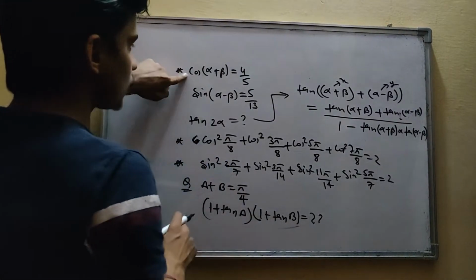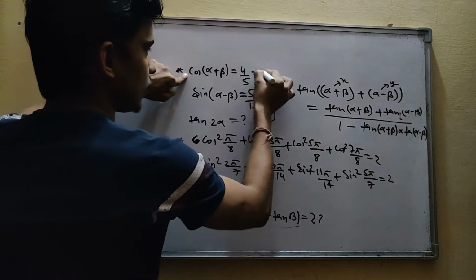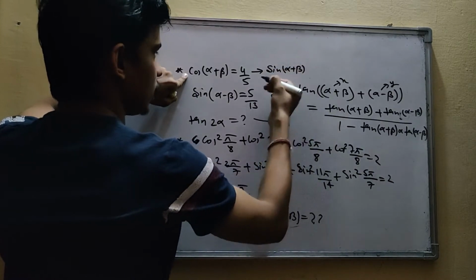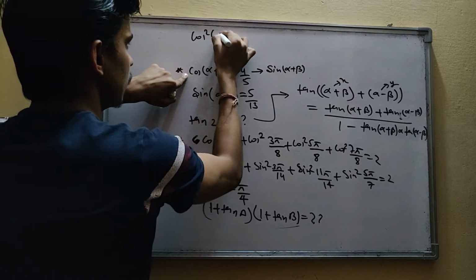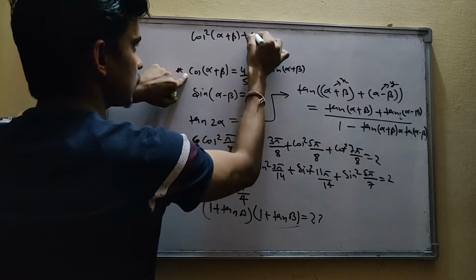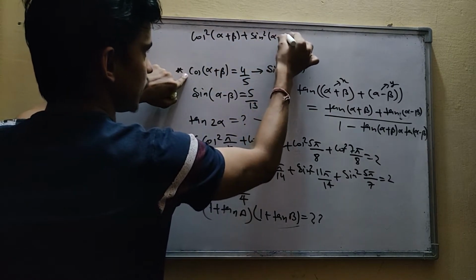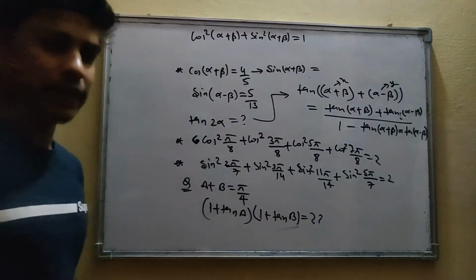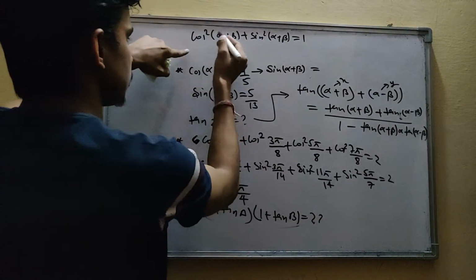If you know the cos of alpha plus beta, then you can find sin of alpha plus beta, right? How? Cos square alpha plus beta plus sin square alpha plus beta is going to be 1. So what will be the sin alpha plus beta? You just substitute the values.